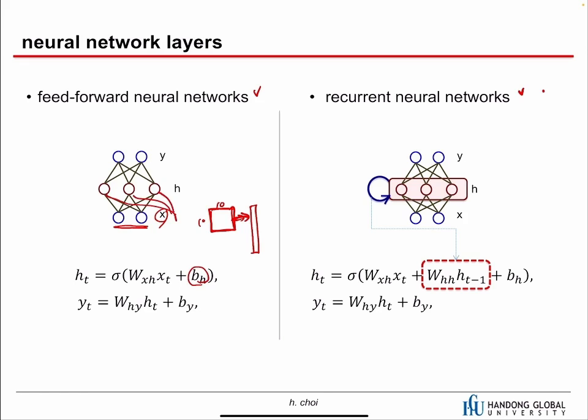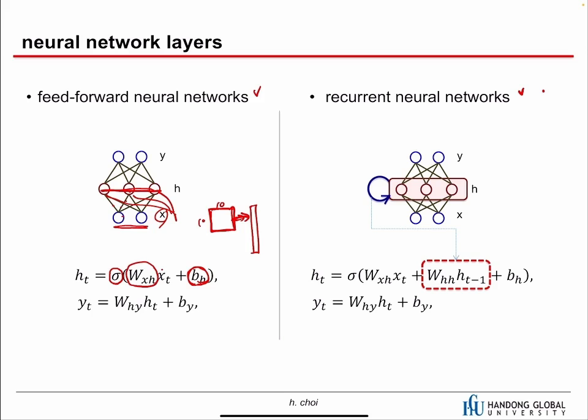But anyway, we have a matrix here, 2 by 3, which is this matrix. We multiply this matrix and vector so that we have a three-dimensional vector. And we can add this bias, and then we can apply a simple nonlinear function. So we have H. H is a hidden layer.